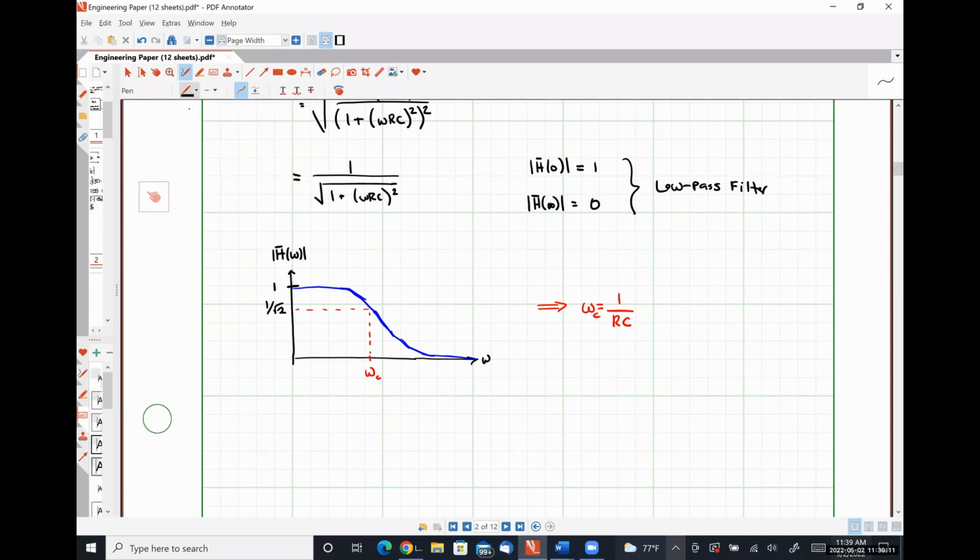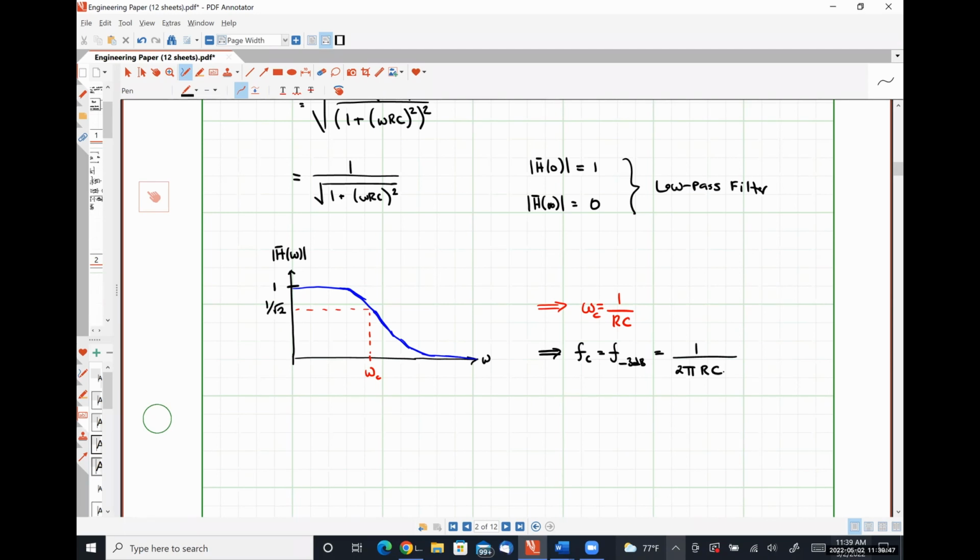So our linear frequency cutoff, FC, also known as F minus 3 decibels, because whenever a signal power loses 3 decibels, that's exactly when it's lost half of its original power, is 1 over 2 pi RC.